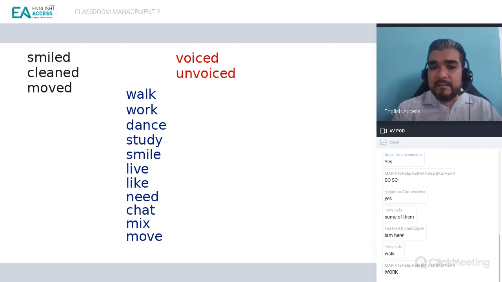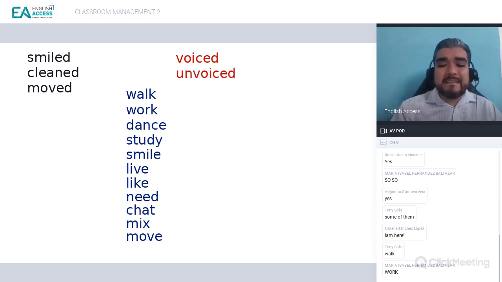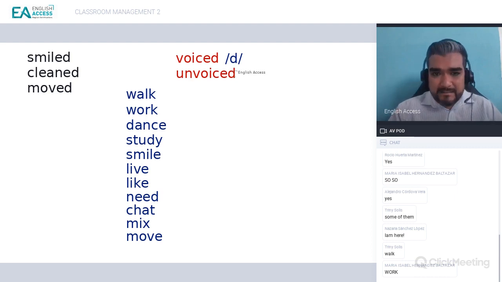If the ending is voiced, then you would add a d sound at the end, which sounds like a d, right? If the sound of the regular verb is unvoiced at the end, then you would use the t sound.